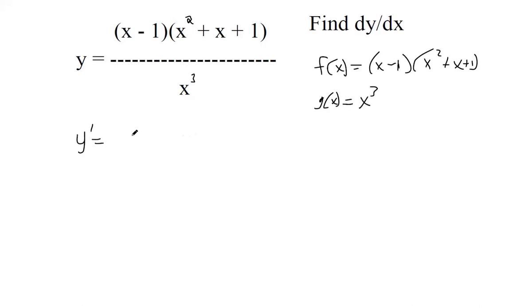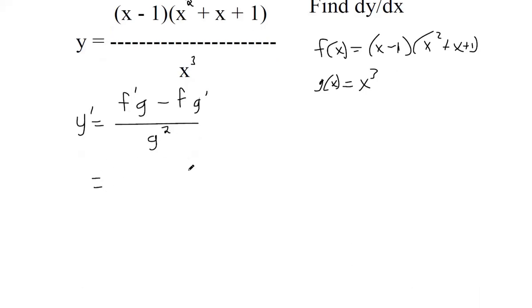And the quotient rule says that if you have f of x over g of x, then the derivative is going to be the derivative of f times g kept the same, minus f times the derivative of g, all over g squared. Okay? So we just have to plug in the derivatives where they're supposed to go, but we actually don't know what the derivatives are yet.